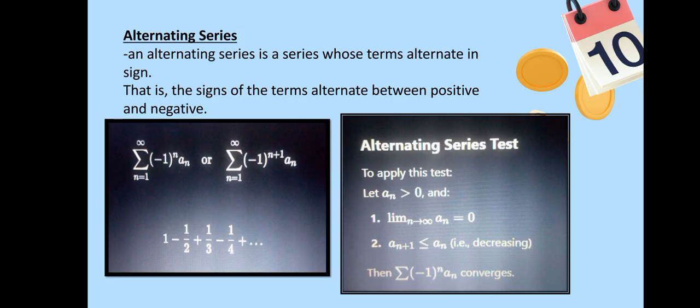Here's an example of the alternating sign between positive and negative: positive 1 minus 1 half plus 1 third minus 1 fourth plus, and so on to infinity.